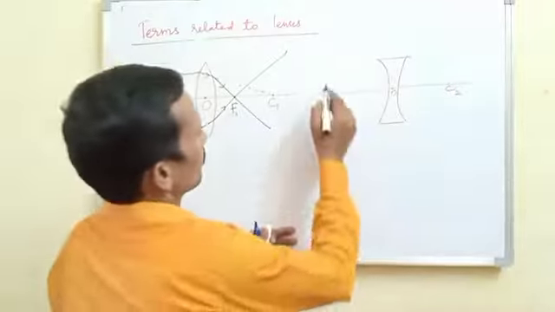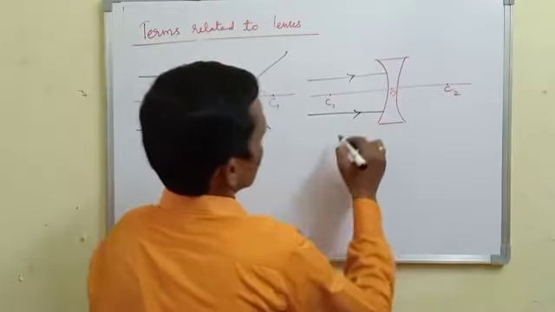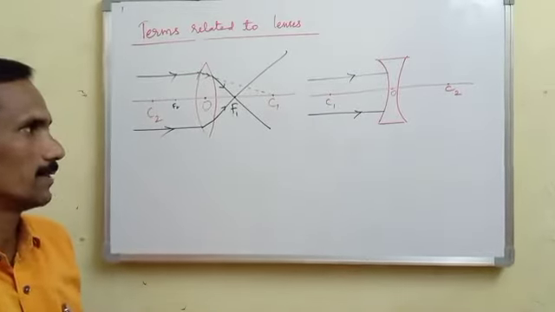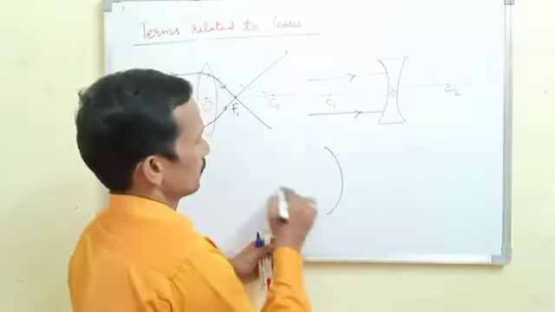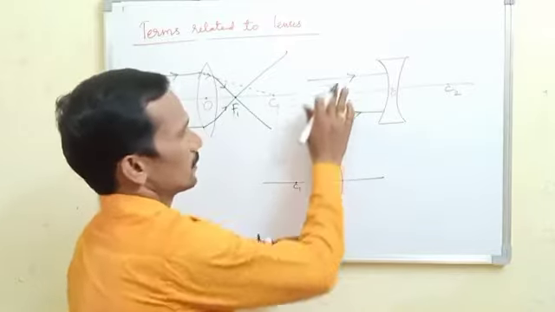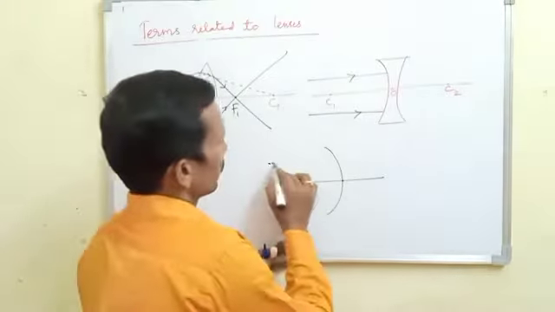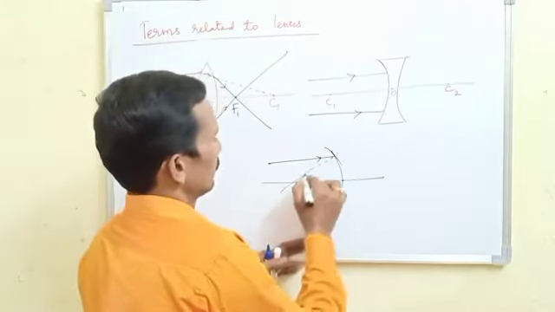If a parallel beam of light is incident on a concave lens, what happens? Let us observe. Here is the first curve, C1. Here in air, the incident ray strikes like this. So this is the normal here.